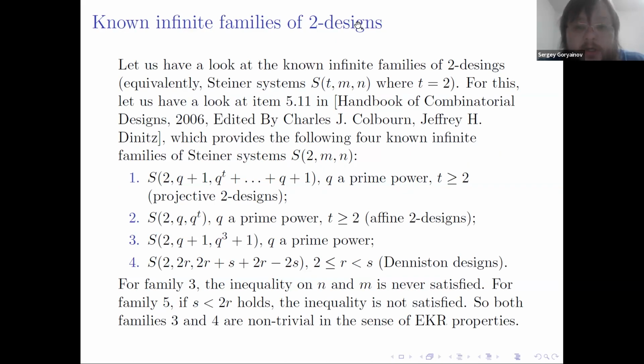The first one is given by points and lines in a projective space. The second family is given by points and lines in an affine space. I mean finite projective and affine spaces.